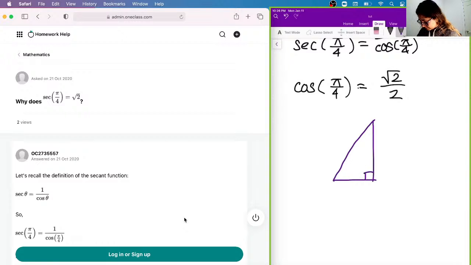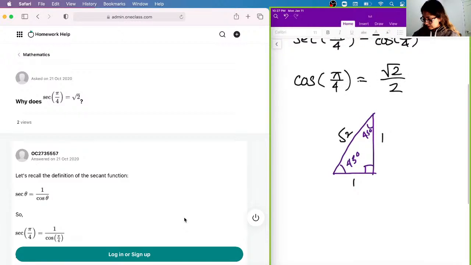Let's say this is 90 degrees. This is 45. This is also 45. This is our hypotenuse, the longest side, square root 2. This is 1 and this is 1.